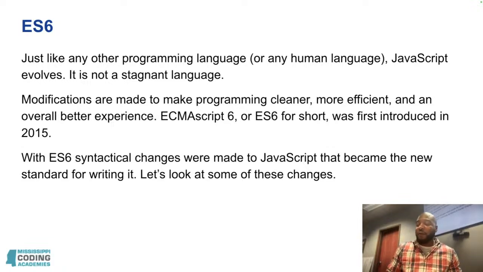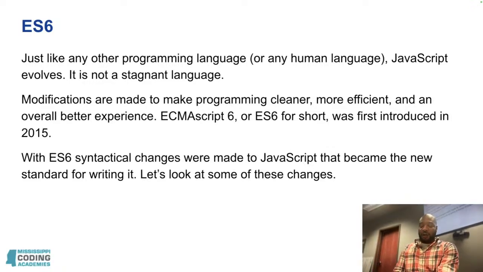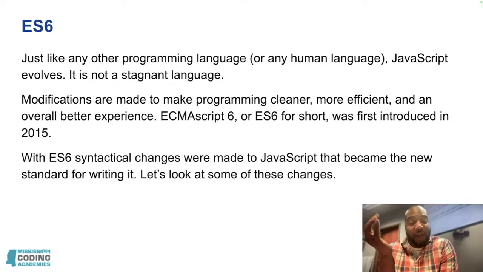The way that we've been writing JavaScript thus far with these lessons is an older version of the language. JavaScript is not a stagnant language. There have been modifications made to make programming cleaner, more efficient, and overall a better experience.